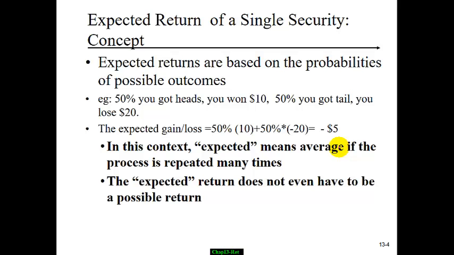On average we lose $5. Here, you notice the expected return does not necessarily equal one of the possible returns in the future. That negative $5 is not the same as the possible gain of $10 or loss of $20.